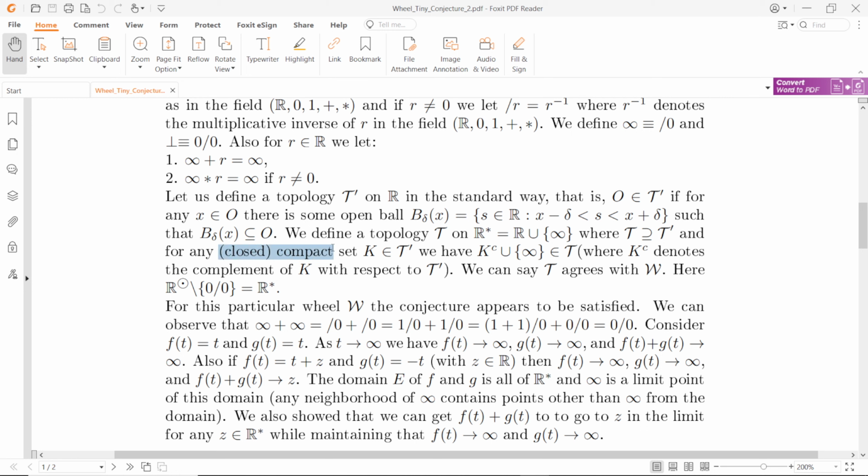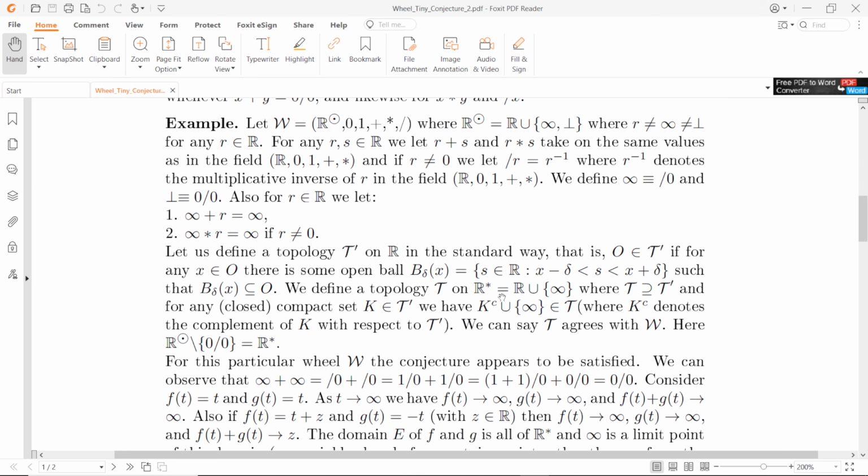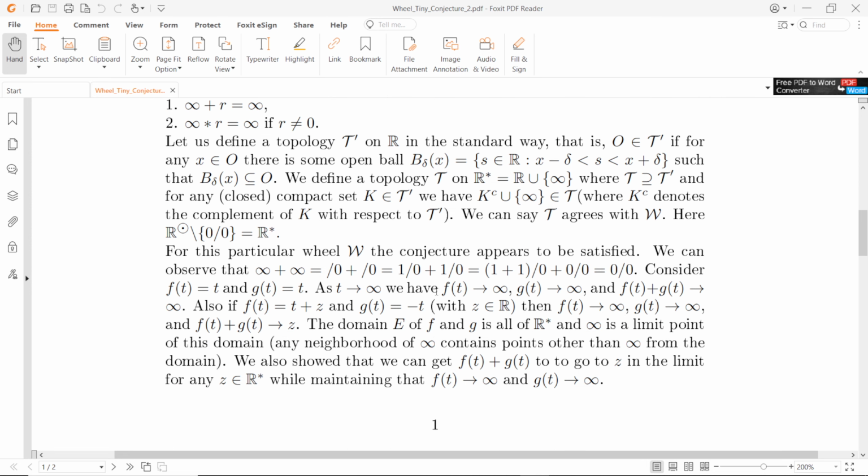I just put closed compact because in the general case you would want to also say closed, but technically in this case it's redundant because compact sets of R are automatically closed.